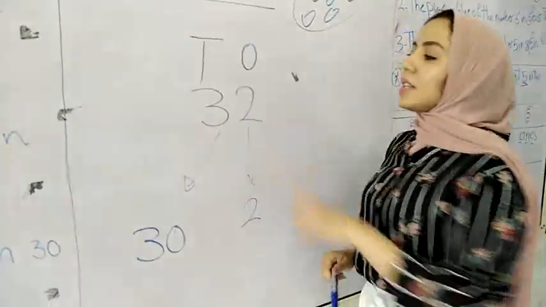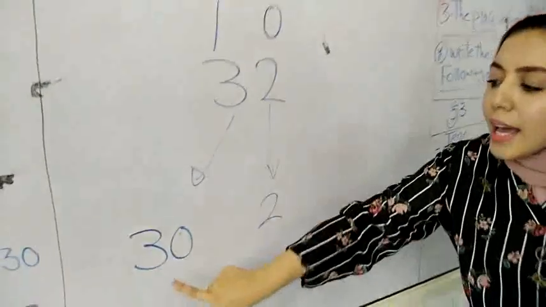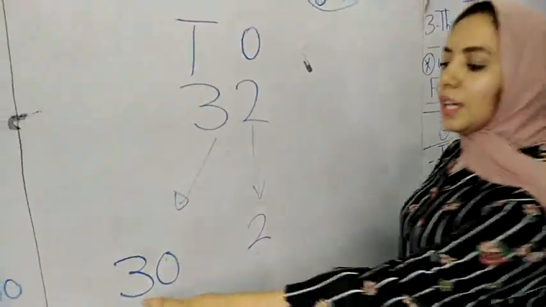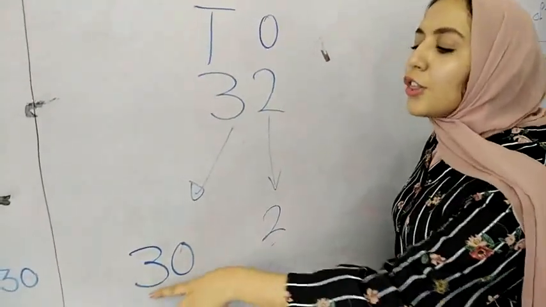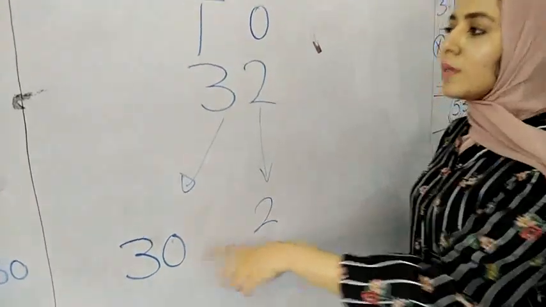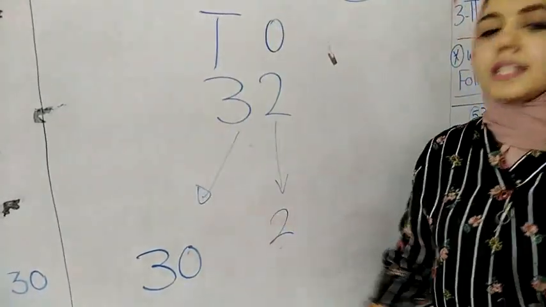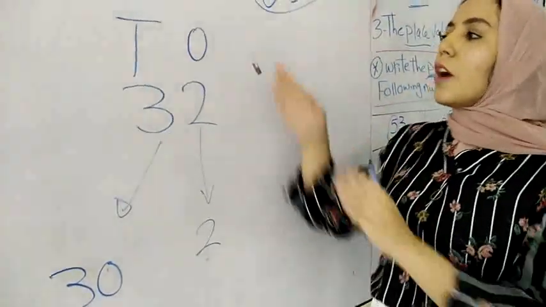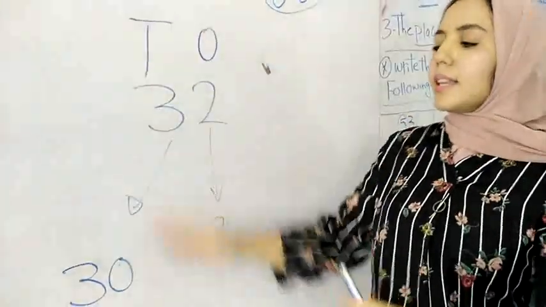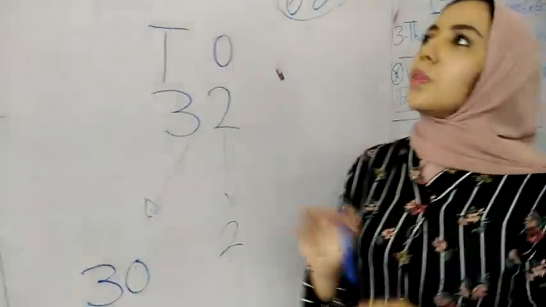Why? Let's read this, 32. Here I say 30 and I write 30. If you don't remember: the first place without 0 and the second place with just 1 zero. Ones without and tens with just 1 zero.